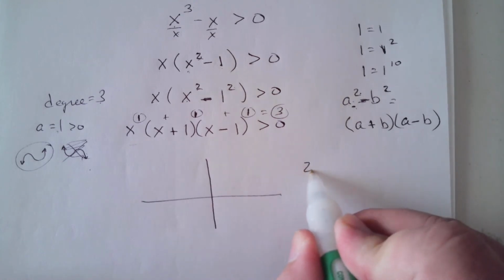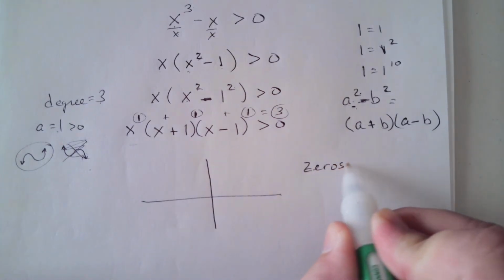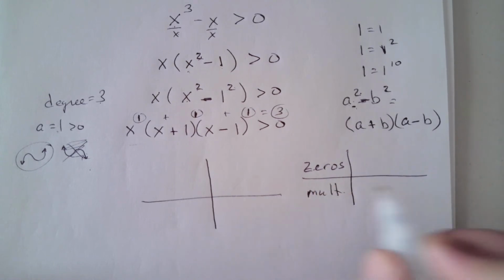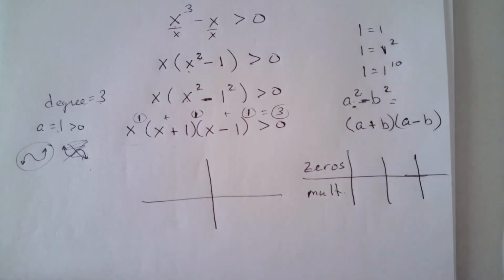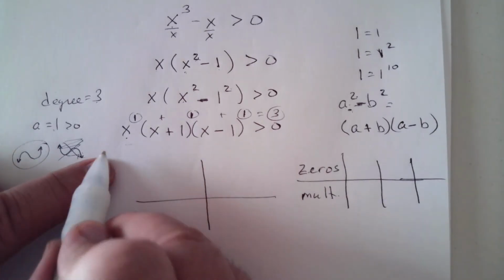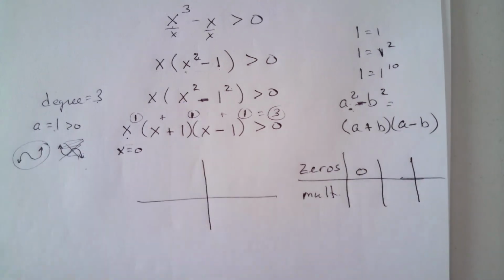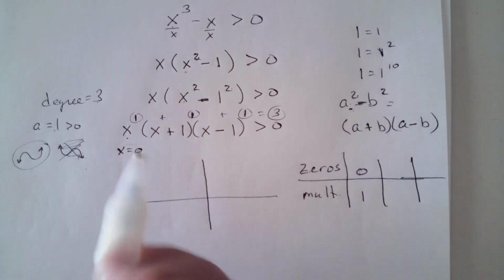Now, what are our zeros and their respective multiplicities? If we set this one equal to 0, x is 0. Its multiplicity is 1.